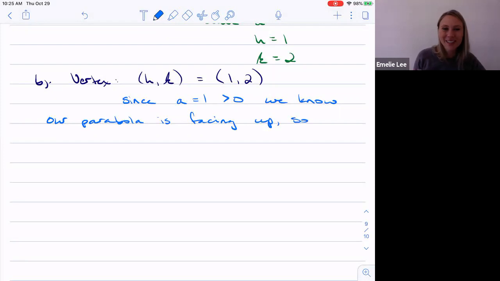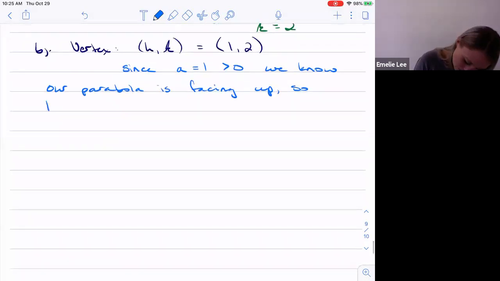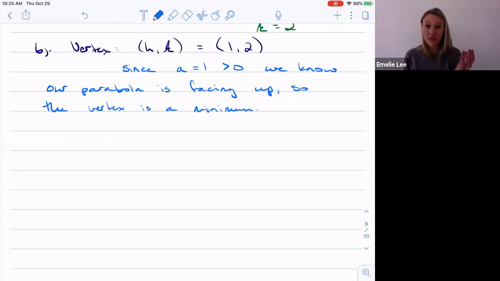So the vertex is a minimum. That's a good start. We know where this thing has its bottom.